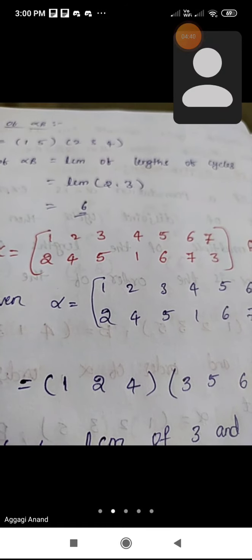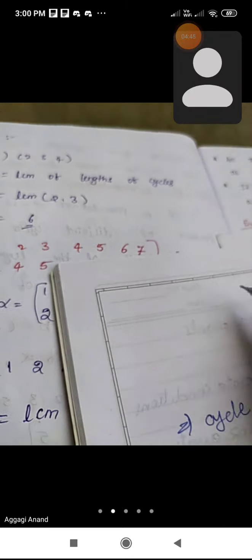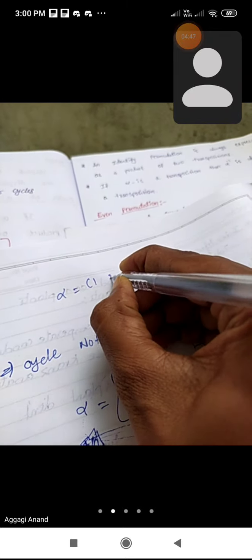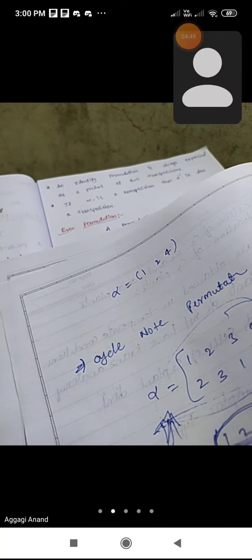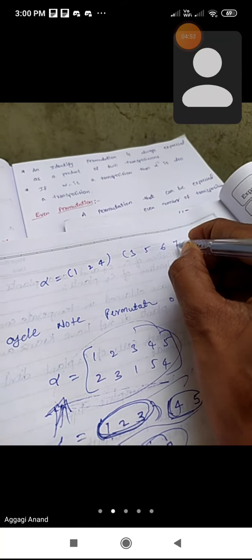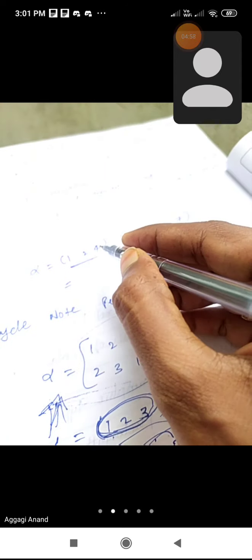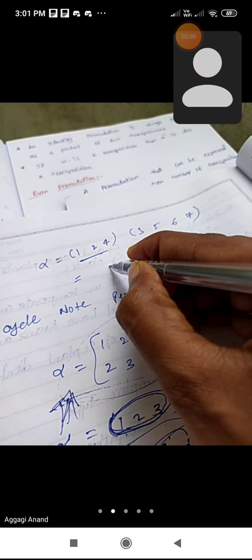What is the length? Alpha is first 1, 2, 4, then 3, 5, 6, 7.